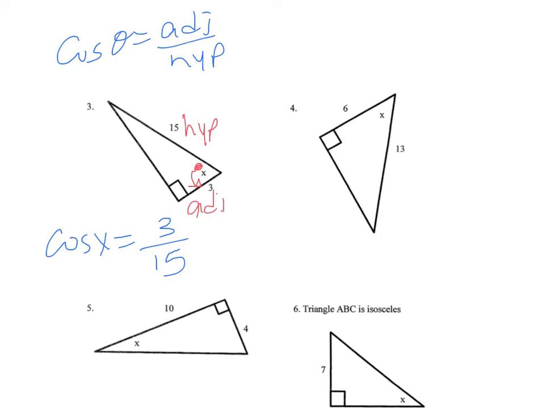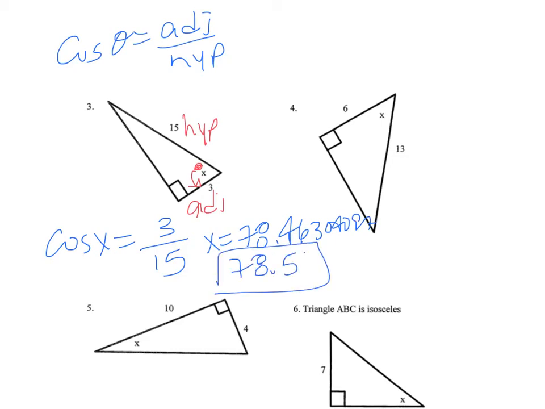Please make sure you press the second cosine button, 3 over 15, and x is equal to 78.46304097. When I round it to the nearest tenth, it will be 78.5 degrees. All of these are almost identical, except we chose different trig functions. In this case, we use cosine. In the other case, we use sine, and we also use tangent.